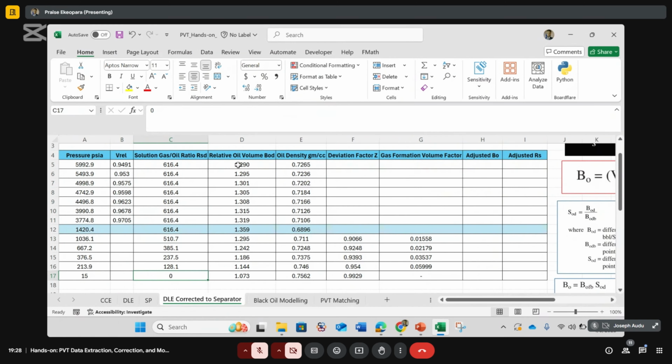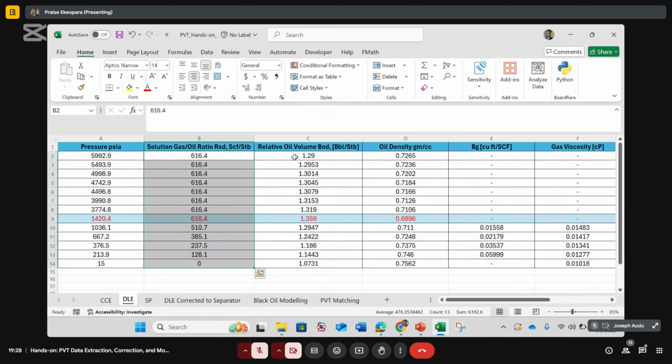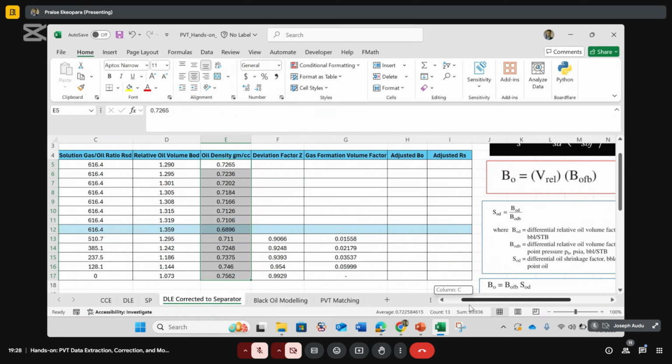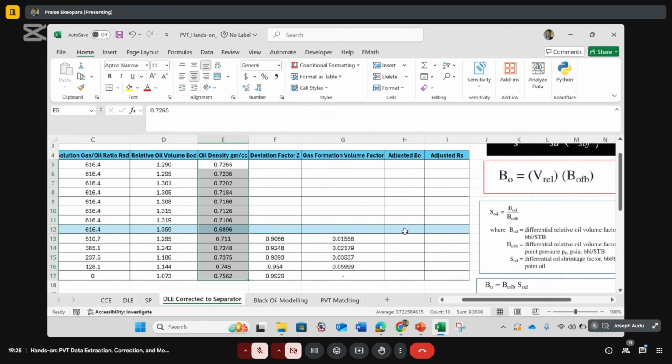Then our relative oil volume, which is our BOD, will still come from your differential liberation test. Then after doing that, you get your density as well. Then you can bring out other information all from your differential liberation, right?